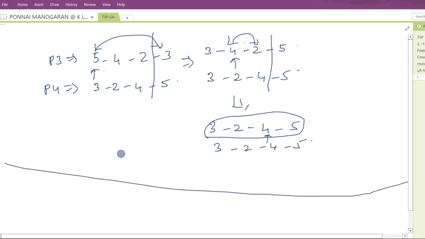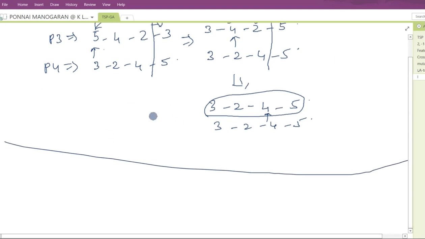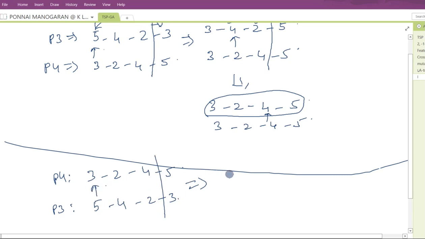This is the first child, and take the second child. Let us write in reverse manner: 3, 2, 4, 5 and 5, 4, 2, 3. You can see this. Let us swap. So we will get 5 2 4 3, and here you will get 5 4 2 3, and if you swap here, you need to swap here.